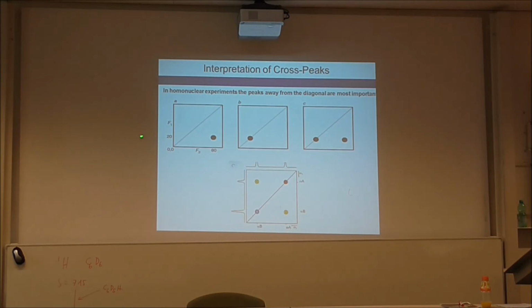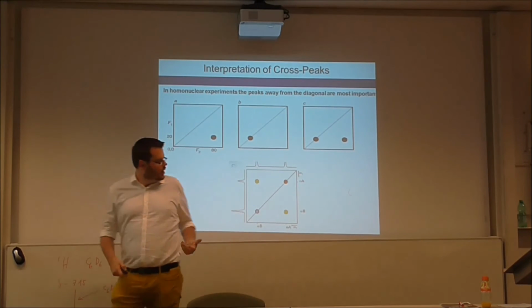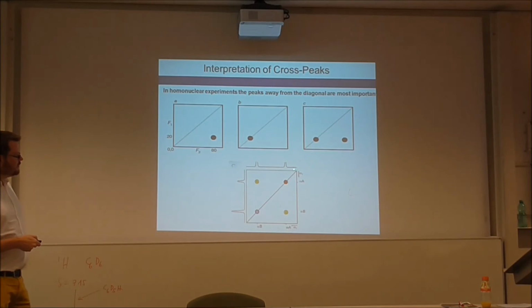Here we have an example at the bottom. This is an HH correlation spectrum of some compound. And here we have two resonance signals, two sets of signals.